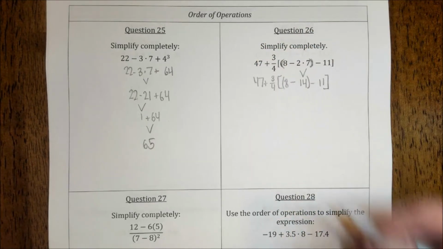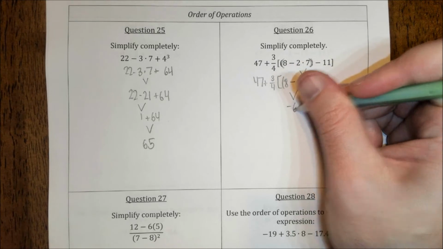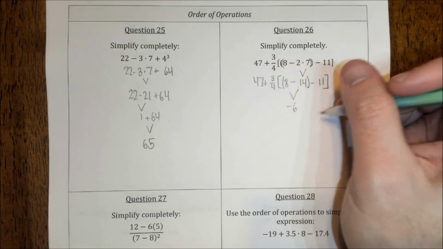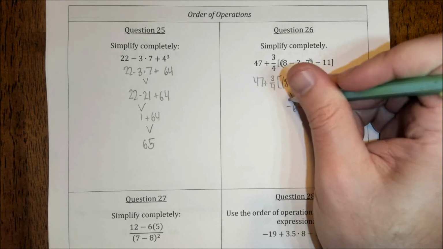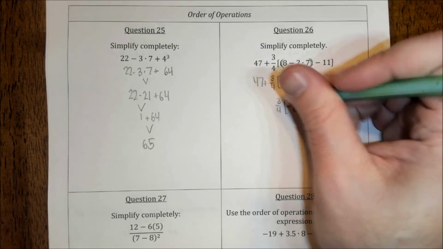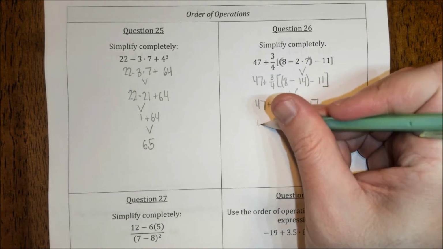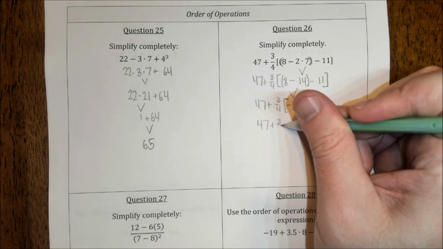We still have parentheses here, so 8 minus 14 is -6. The parentheses are done. The brackets are not. Let's do the brackets now. -6 minus 11 is -17.